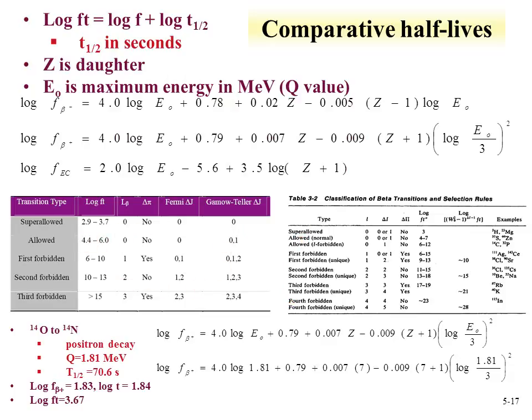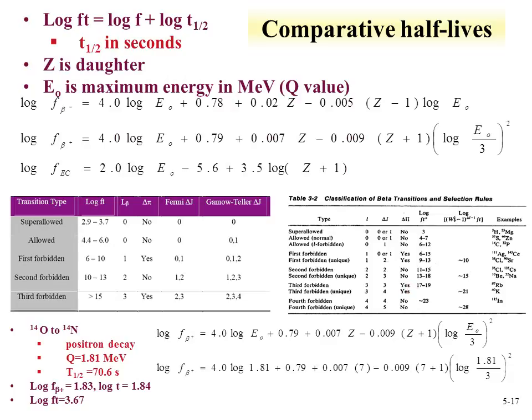And what we generally see is that for a given type of transition, there will be a value for a spin change and a parity change. So, for instance, a first forbidden will tend to have a spin change, depending upon if it's Fermi or Gamow-Teller, of 1 or 2, along with the parity change. Second forbidden, 2 or 3, no parity change. Third forbidden, 3 or 4 with the parity change, etc.